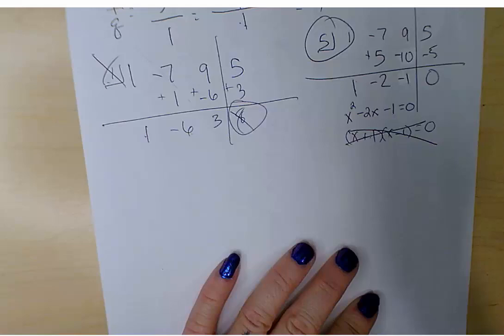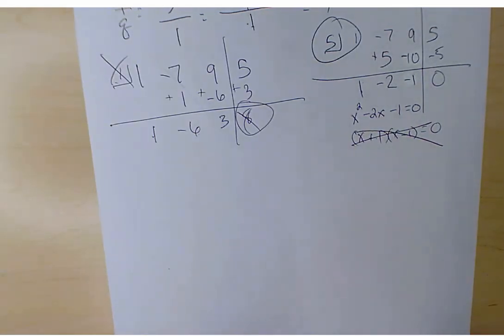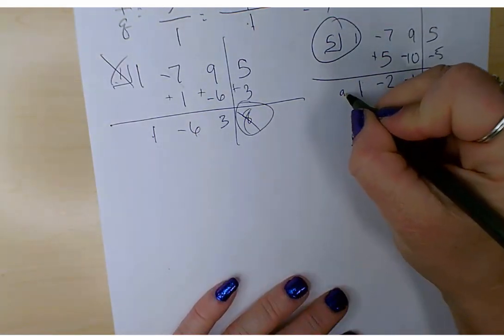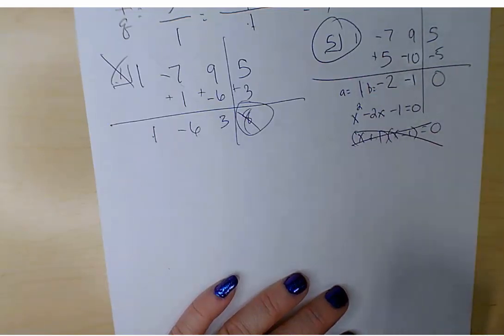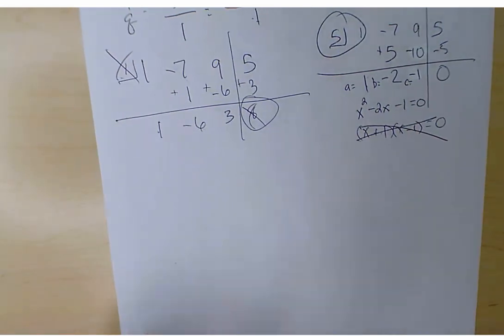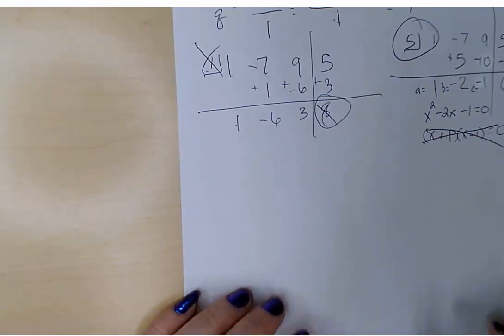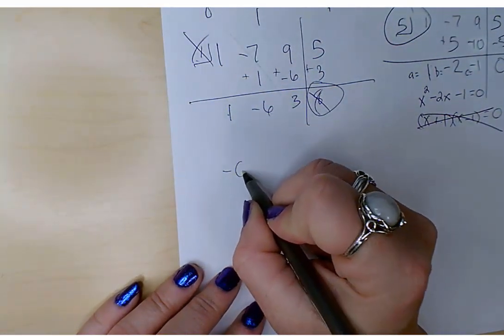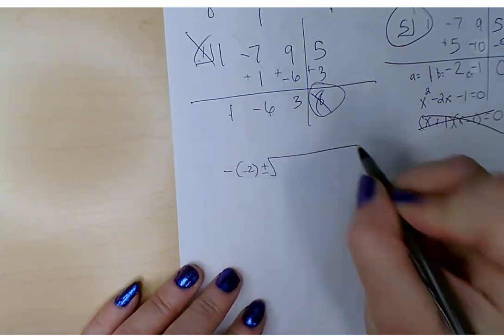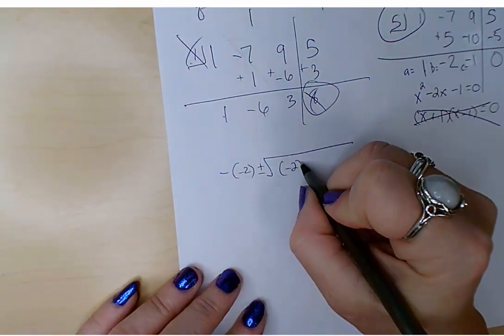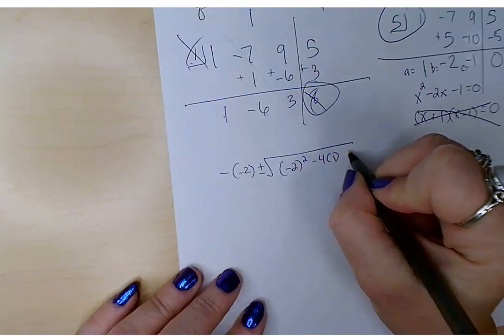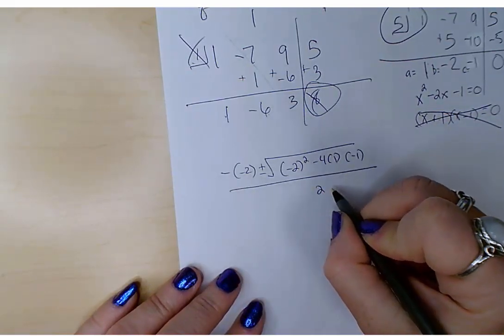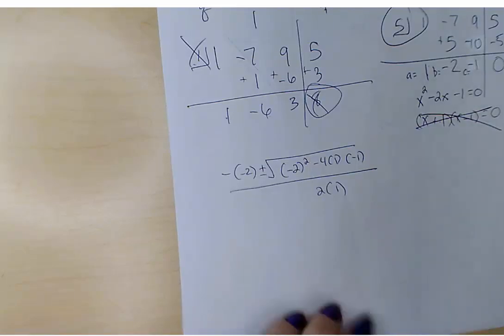And since it's not factorable, we're going to go ahead and throw this into the quadratic formula. That means A is going to be 1, B is going to be our negative 2, and C is going to be our negative 1. So, quadratic formula, negative B plus or minus the square root of B squared minus 4AC all over 2A.